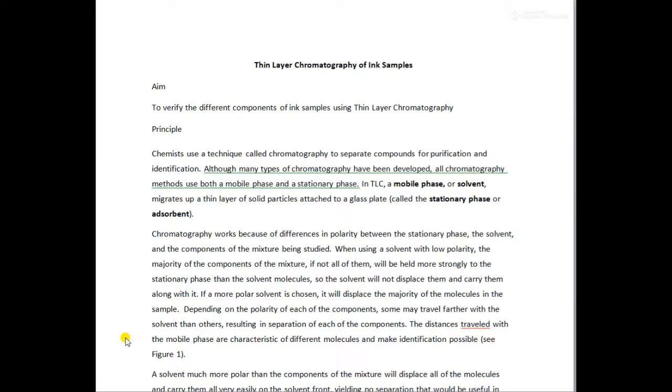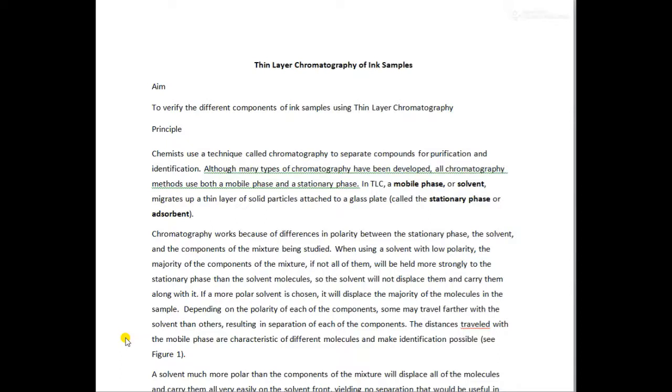Now, why do we have to separate ink samples using thin layer chromatography? First and foremost, you might sometimes have two different documents, or questioned documents, which have to be verified.